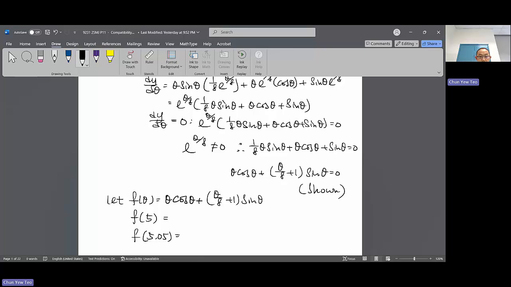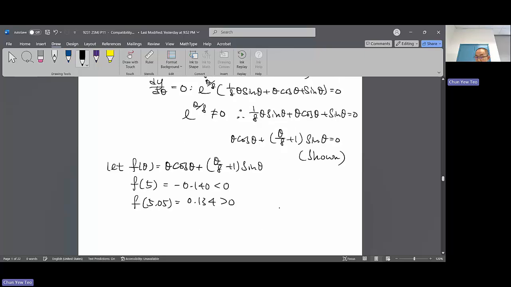So over here, if you press the calculator, this will give you negative 0.140. It's a negative value. And this one will give you positive 0.134. It's a positive value. There's a change of sign over here. Therefore, there's a root in between.